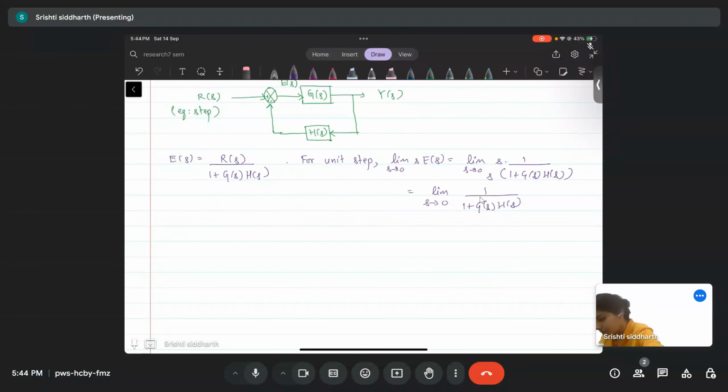Let's say that we have a closed loop transfer function.